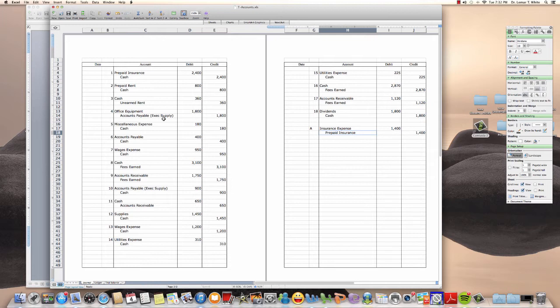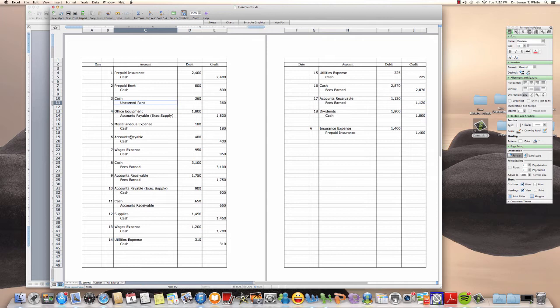We have not provided the rent service yet. They're not using the parking lot yet. So really, they have not used up the benefit yet. So we have to put it in an account called unearned rent.